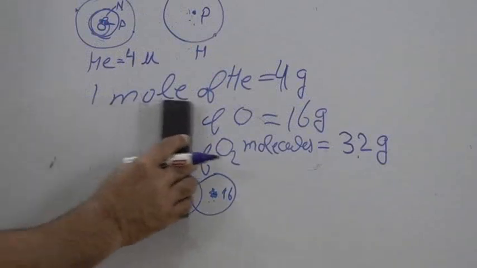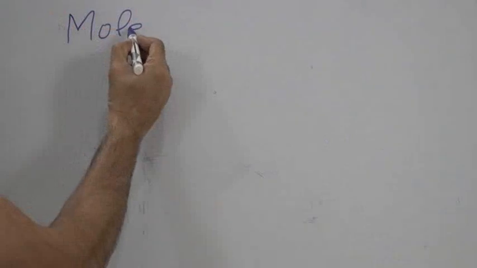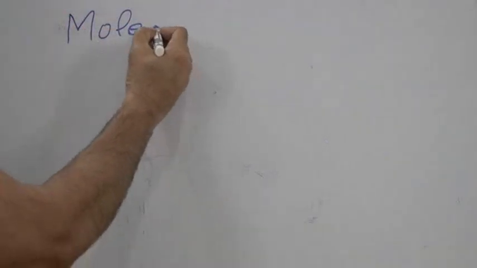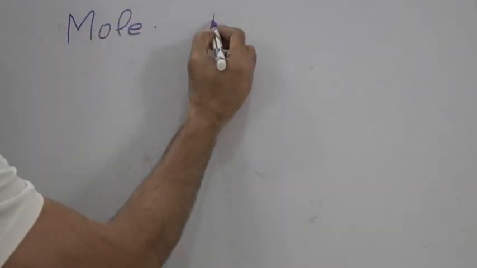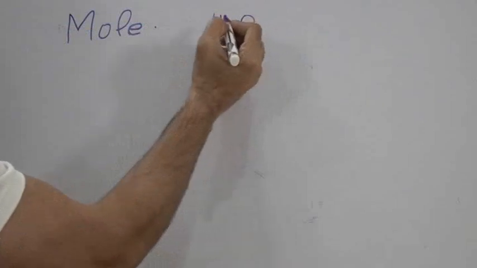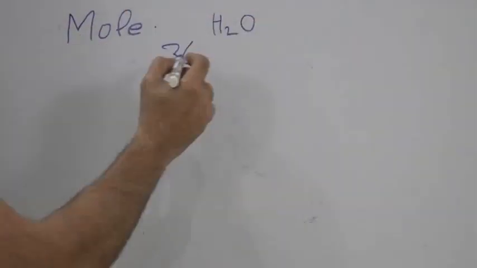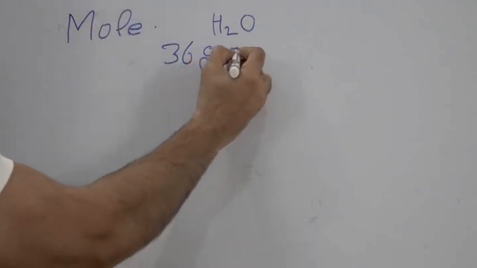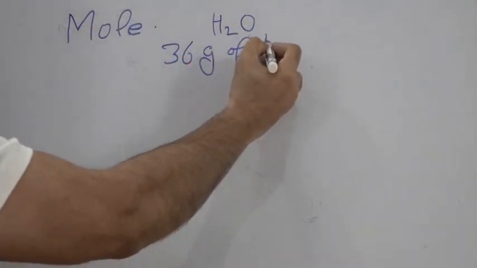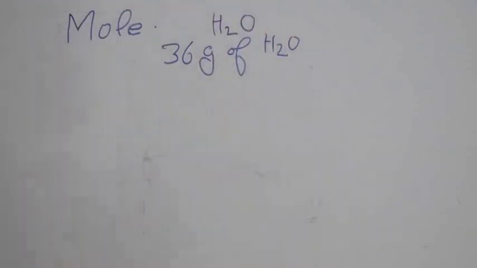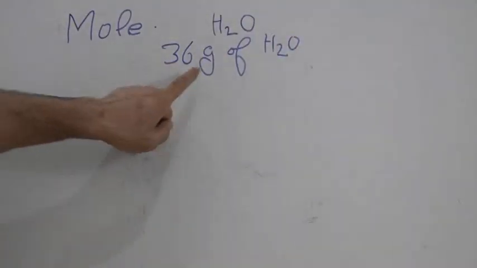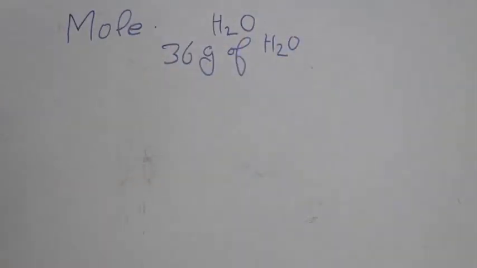Let us similarly find out how much mass of certain moles would be there of a certain element or a compound. We take water. In water, suppose I take 36 gram of water. I have taken 36 gram of water.